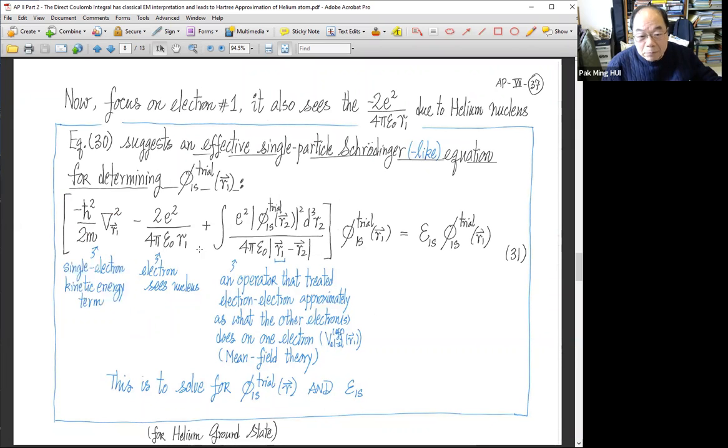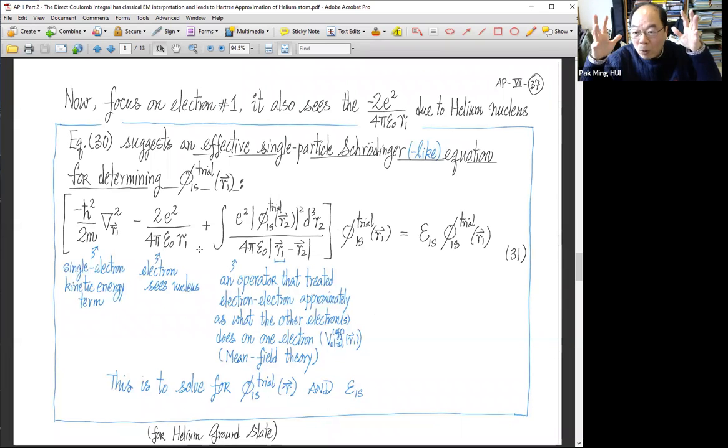Now, it comes to the key point. I want to reduce the problem to solving single electron states. And now I have this 1s state to solve. But in solving it, I must recognize this is a 2-electron problem in essence. We cannot completely ignore the second electron.